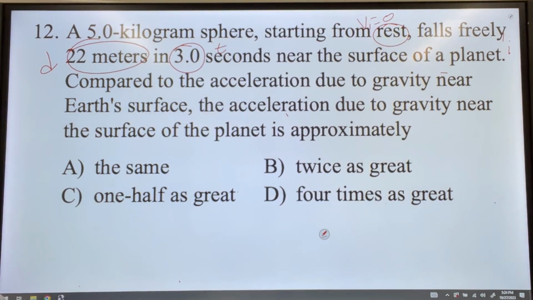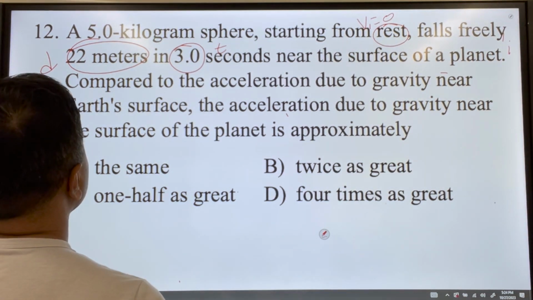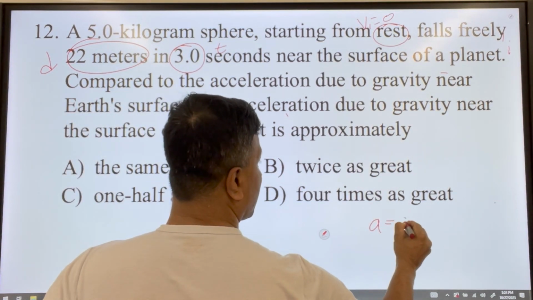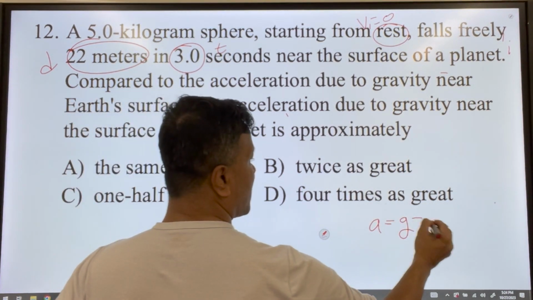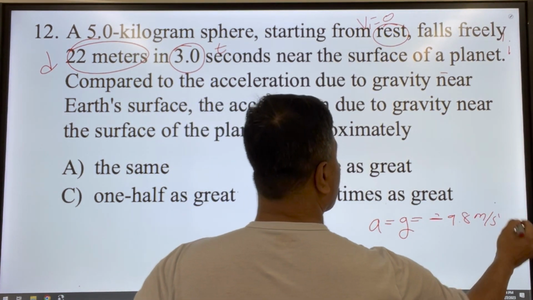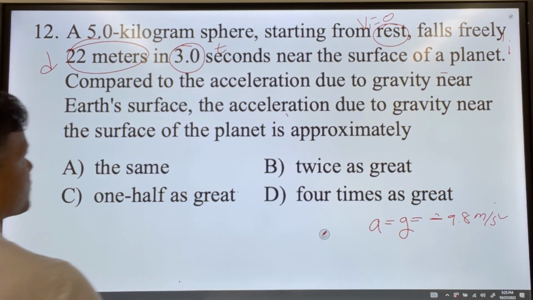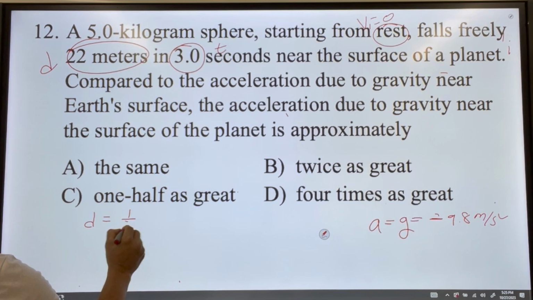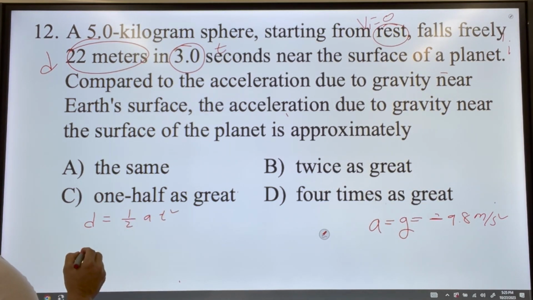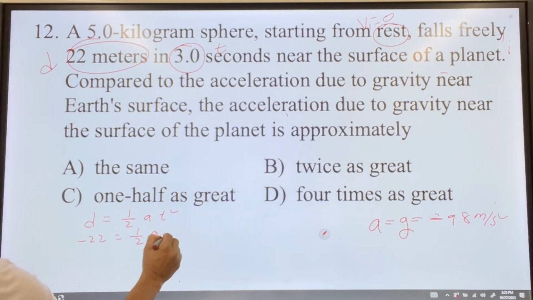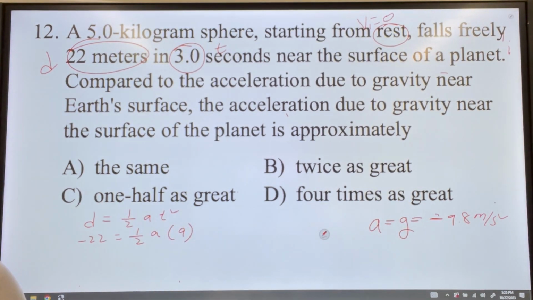Compared to the acceleration due to gravity near Earth's surface, what is the acceleration? Let's find it out. We know that the acceleration due to gravity here on Earth, we use g, is negative 9.8 meters per second squared. Now let's find this one using half At squared. d is negative 22, equal to half times a times t squared, and t is 3, so t squared is 9.